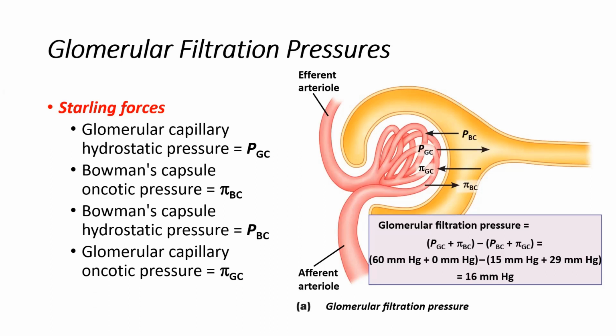So we know that our filtration forces are going to outweigh our absorption forces. And so that's what we'll go into this with, but we still want to prove that. So we're going to look at each individual force and then calculate our glomerular filtration pressure to prove that filtration is what's happening here based upon these four forces at play. Okay.